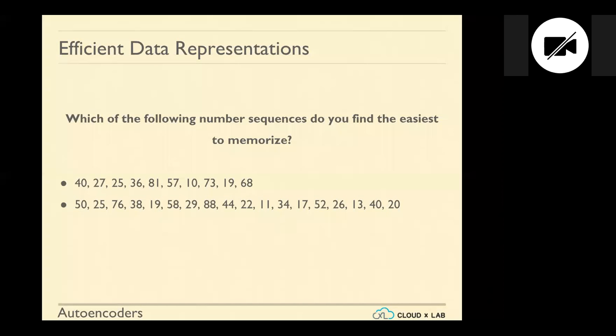Just look at it again. So here in the second one, there are two things happening. Sometimes we are dividing by 2, and sometimes we are multiplying by 3 and adding 1 to it.